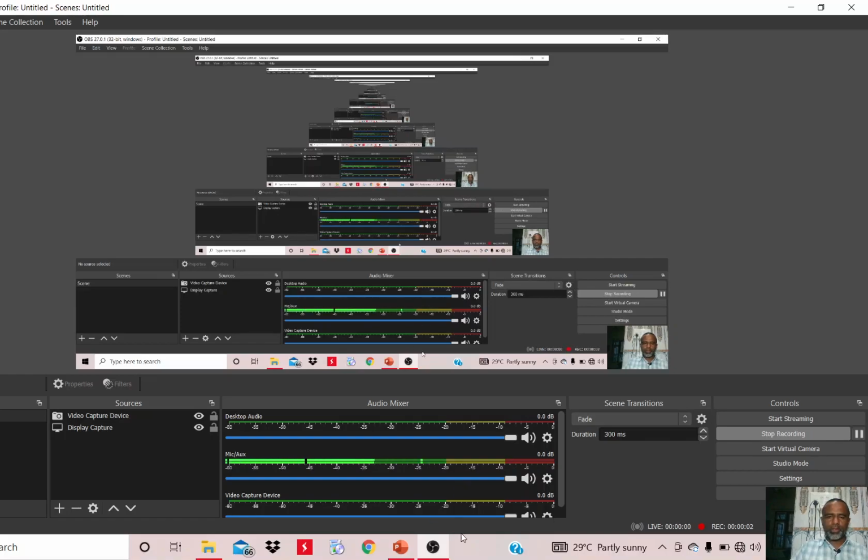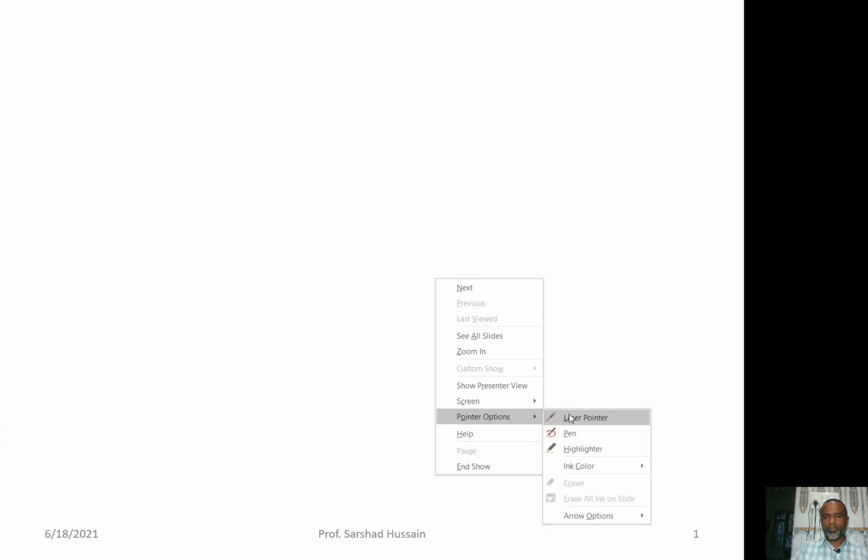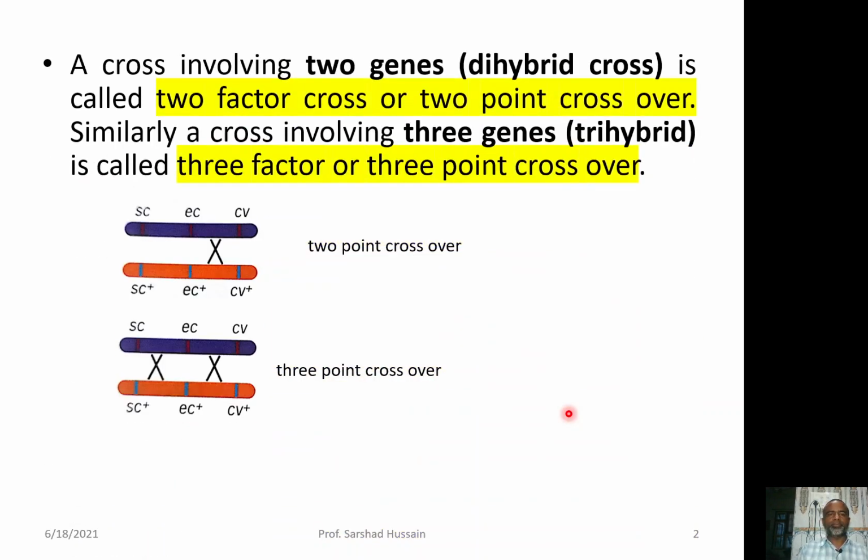Dear students, let us discuss another topic, that is the two factor and three factor crossovers. First of all, let us consider what is two factor crossover.